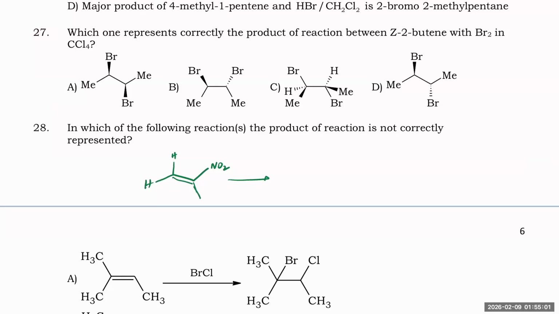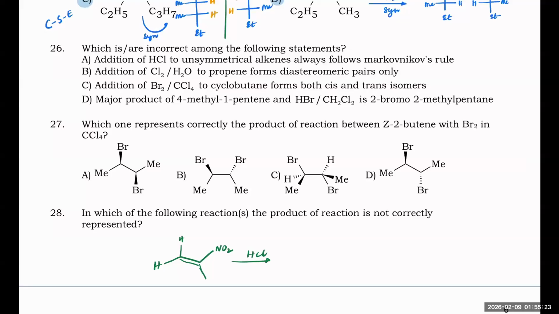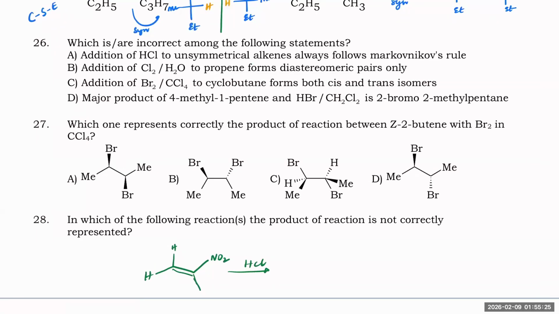Now, if you react with HCl, although there is no peroxide, it should go for Markovnikov, but the Markovnikov will make it less stable because positive charge will come here. As per Markovnikov, positive charge is supposed to come here, but that will be less stable because NO2 is strongly withdrawing, which tells us the fact that always is not the correct word to choose.